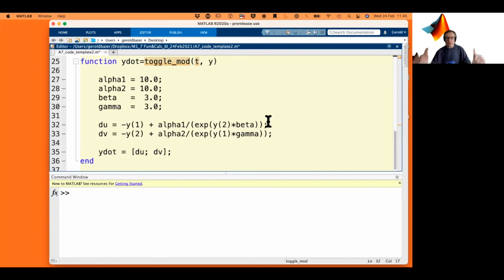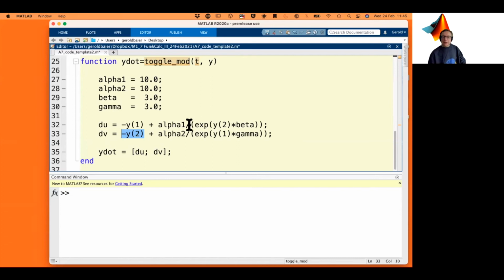If we just structurally switch to the second one, the second variable also depends on its own value in a negative way. So the derivative of y2 depends on minus y2. So it will be sort of capped. It will not go to very large numbers. It will be kept in small numbers.